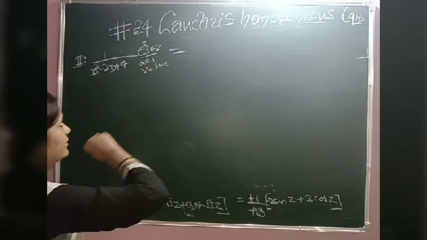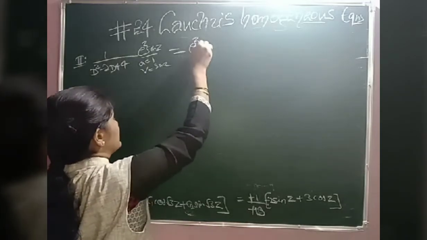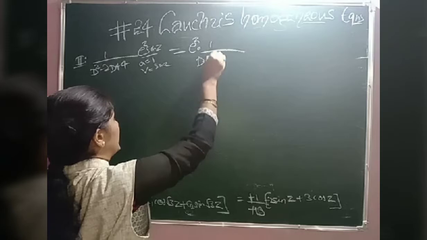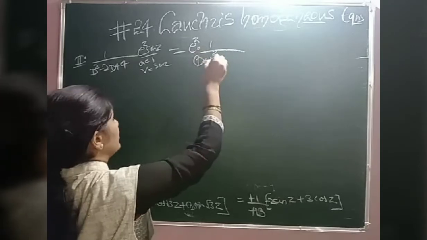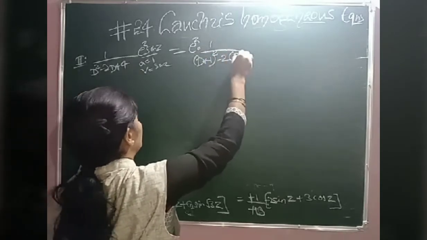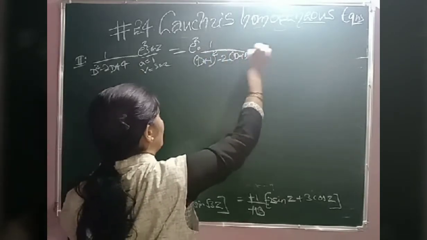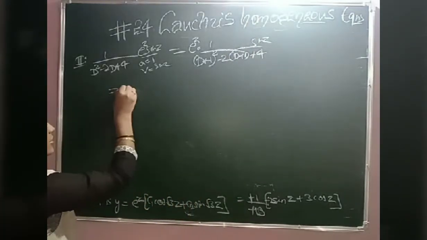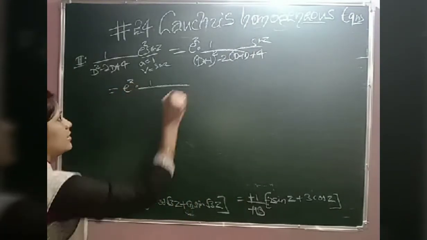So same thing I can write as e power z, wherever D is D plus 1 whole square minus 2 into D plus 1 plus 4 of sin z. So e raised to z as it is.